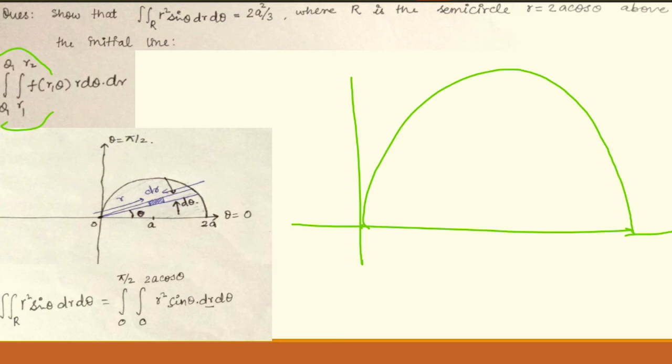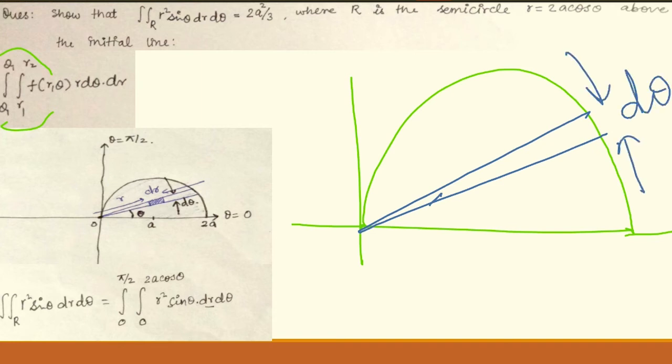Now for getting the limits of integration in this form, we will cover this region. Let's understand this. We will construct a strip of thickness d theta at an angle theta. This strip is bounded from here, the origin, which in polar coordinates is known as the pole, and this graph.